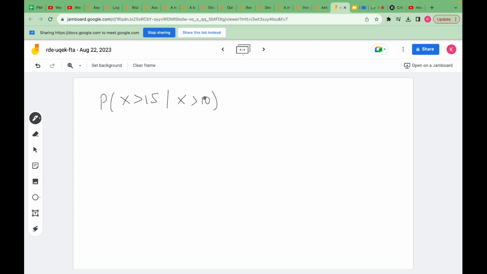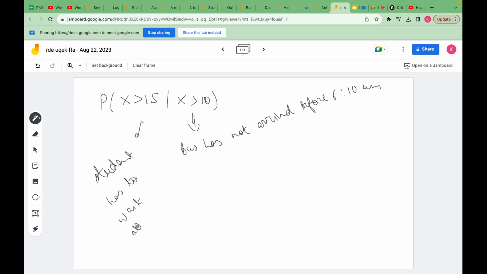This given part represents the situation that the bus hasn't arrived before 6:10 a.m., and this represents that the student has to wait at least 5 minutes after this event.